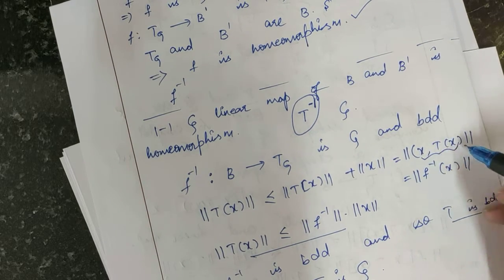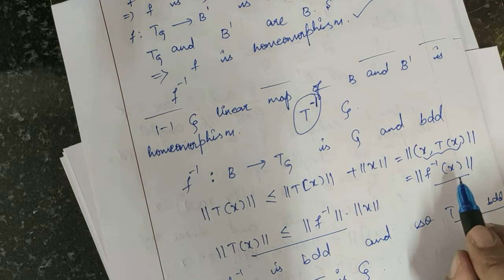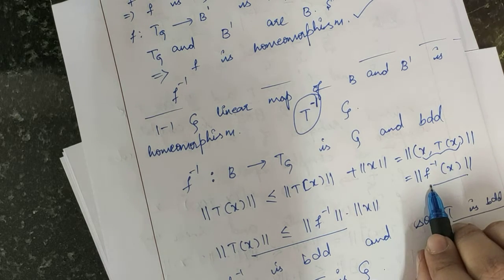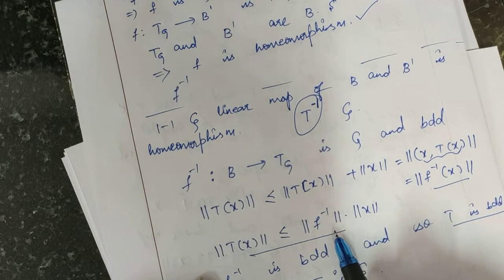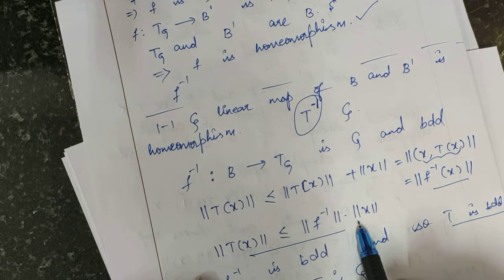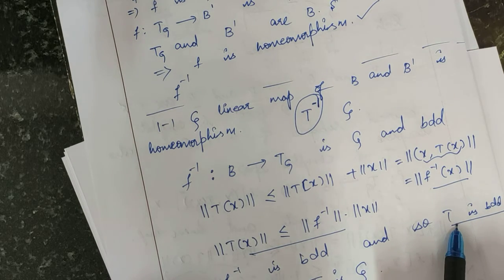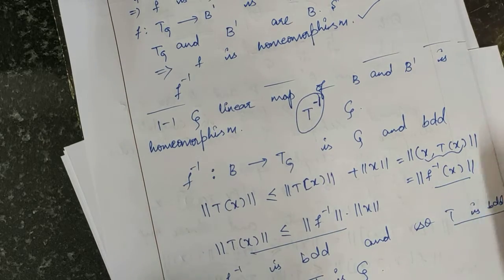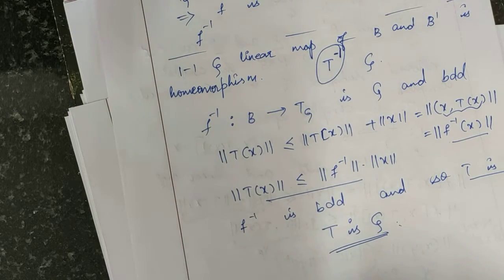So from the defined mapping, this is nothing but f inverse of x. So if this is equal to norm f inverse of x, then obviously your norm T of x will be less than or equal to norm f inverse into norm x. From this, if f inverse is bounded, you can say that T is also bounded. Boundedness implies continuity, so you can conclude that T is continuous. This is all about the closed graph theorem.